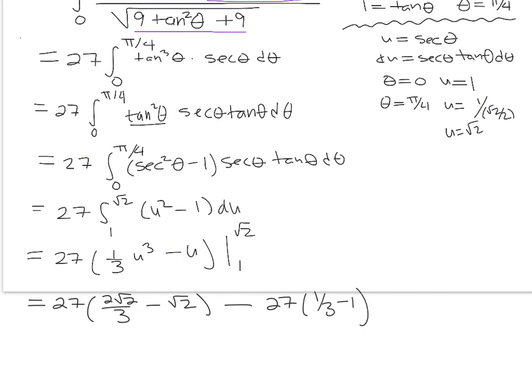Yo, algebra. So 27 divided by that 3 is going to make 9. So that makes 18 root 2's minus 27 root 2's. And then we'll have minus 9 plus 27 for a final answer of 18 minus 9 square roots of 2.